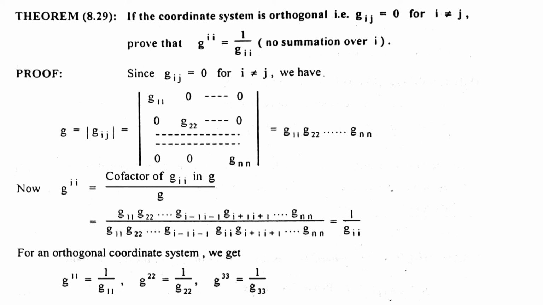Now g^ii is equal to the cofactor of g_ii in g, over g.